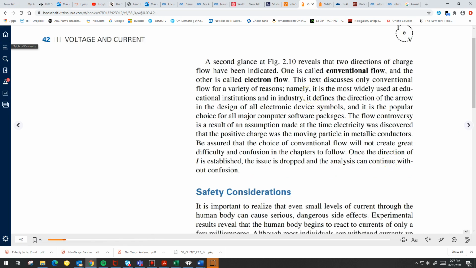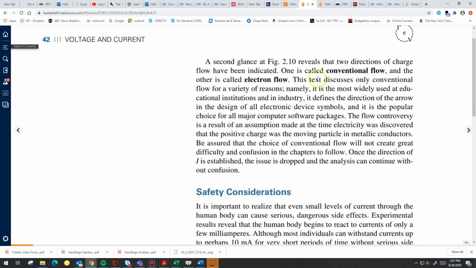Remember, it's important that we remember what we talked about regarding conventional current flow. Remember we said that in this book and in many other books, and I think in the rest of your courses in electronics, we're going to follow what is called conventional current flow. Don't be confused if you look at some other books and they use electron current flow.